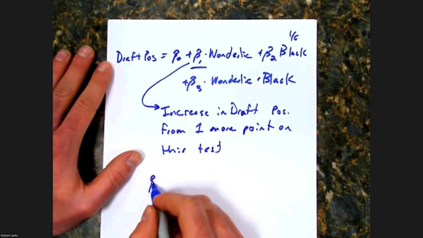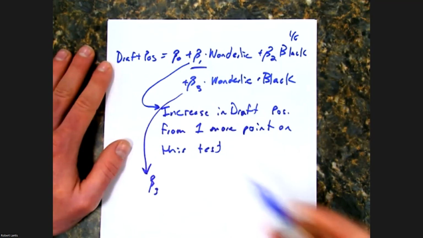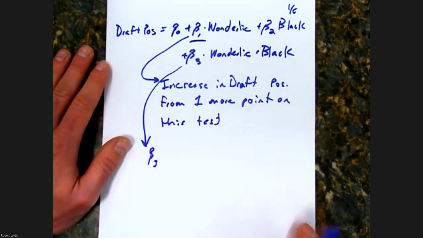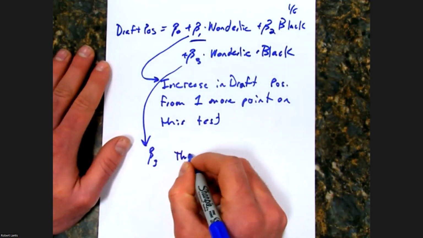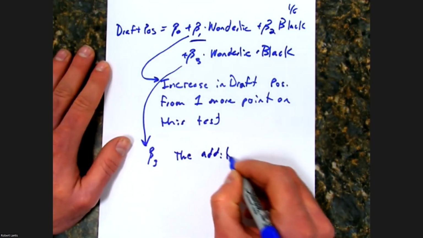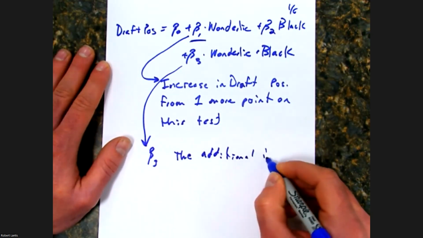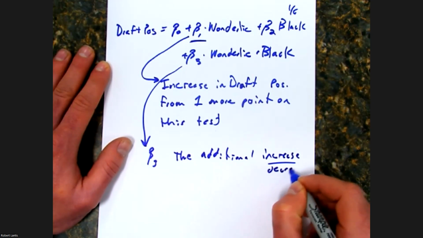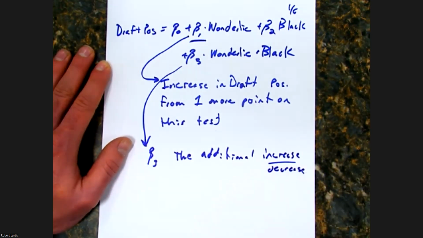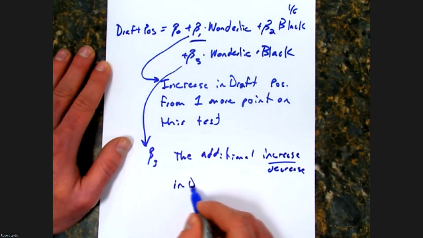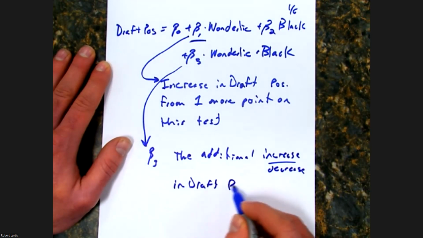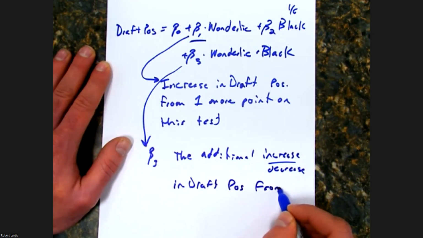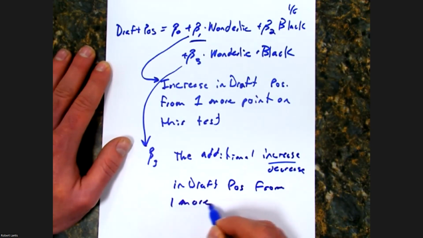Beta 3, the coefficient on that interaction term, is the additional increase or decrease in draft position from 1 more point. I guess we don't truly know the sign until we run this regression.